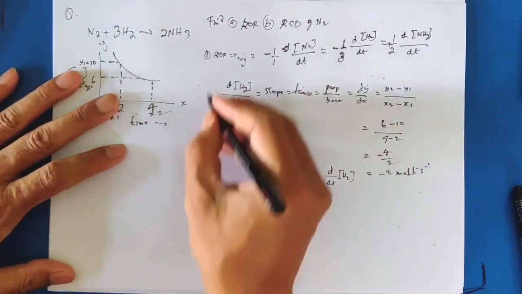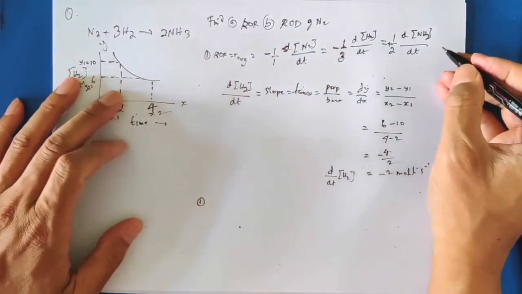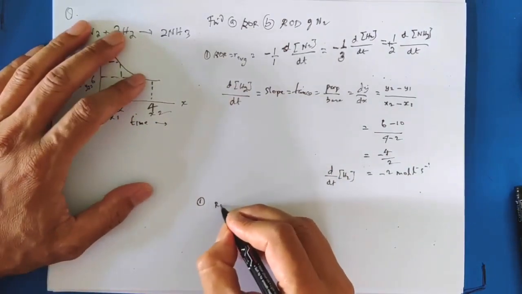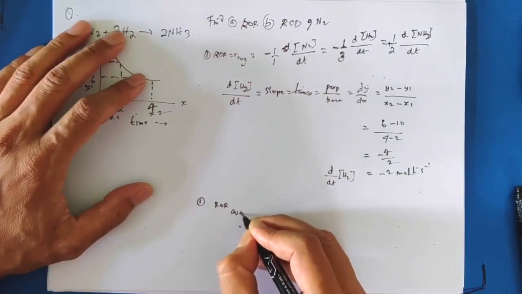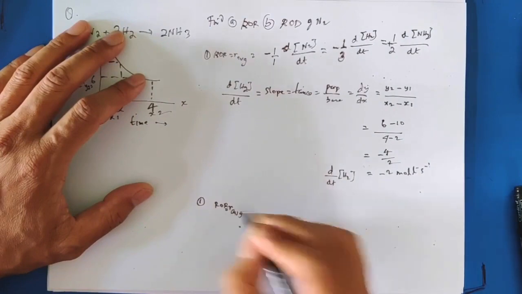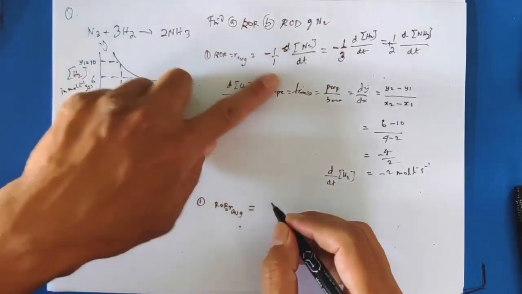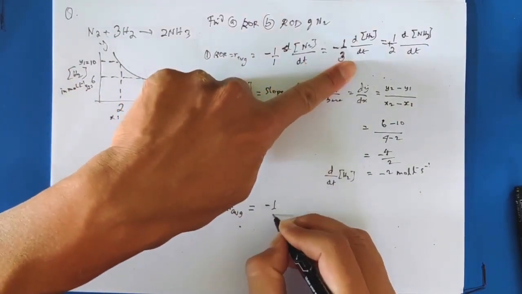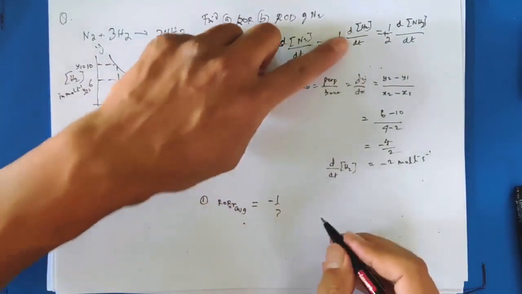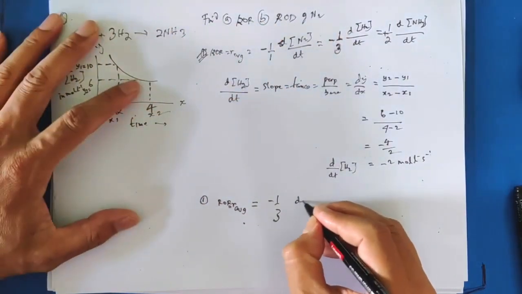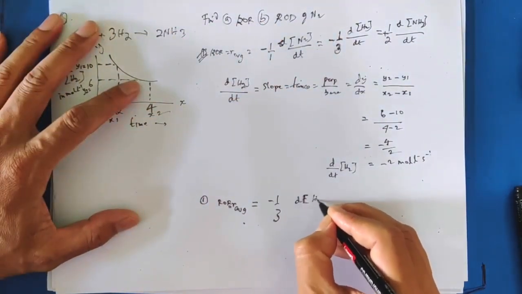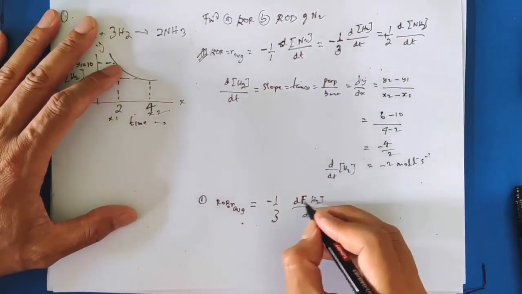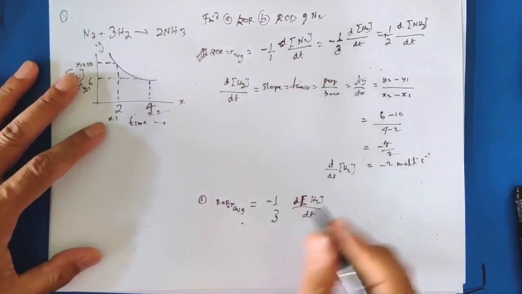So, rate of reaction, question number 1. Our average rate of reaction, in terms of hydrogen, is minus 1 by 3 d by dt of the concentration of H2.